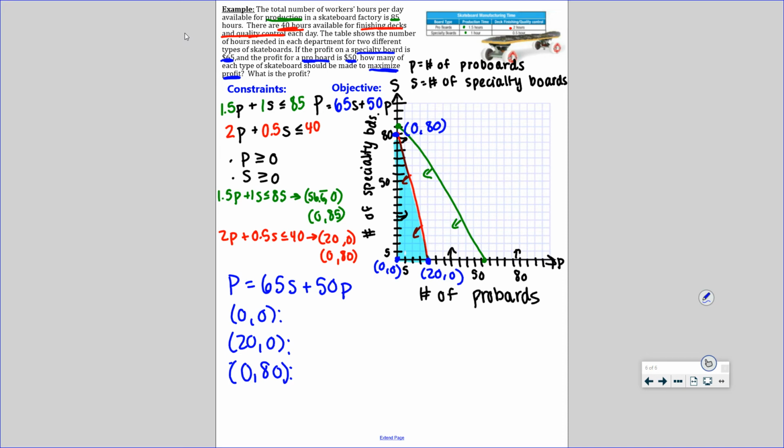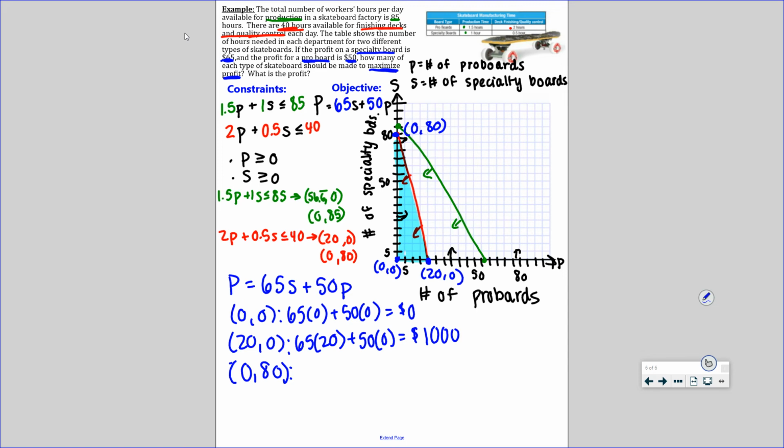Okay, I'll do this math for you. Obviously, if I don't sell any, my profit's $0. My other option, 20 specialty boards, no pro boards, gives me a profit of $1,000.